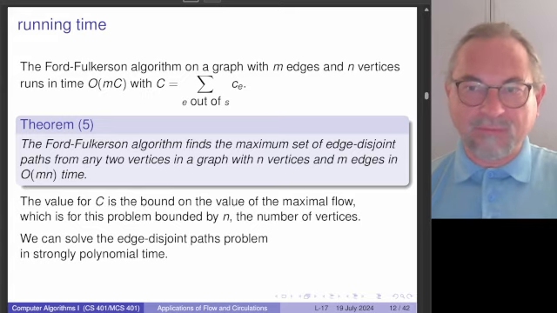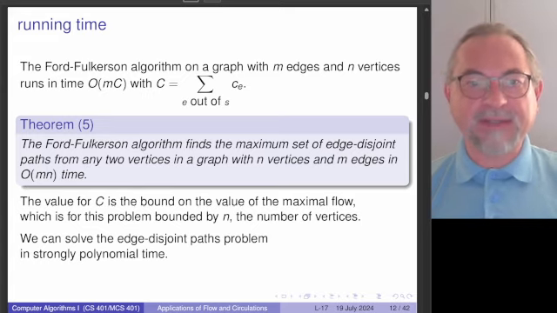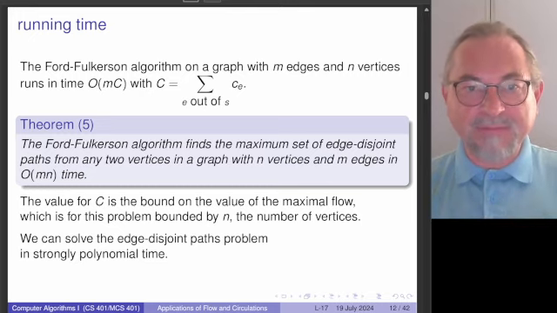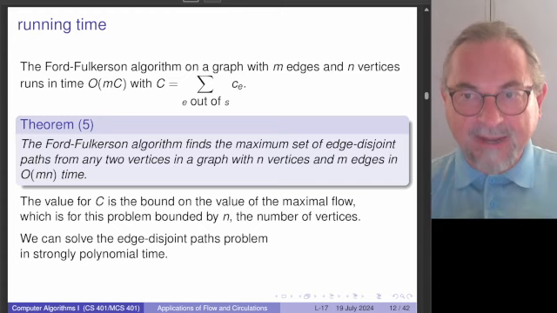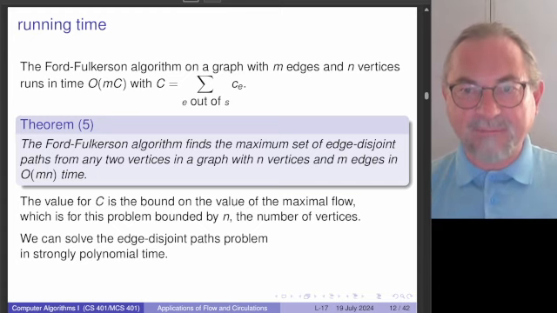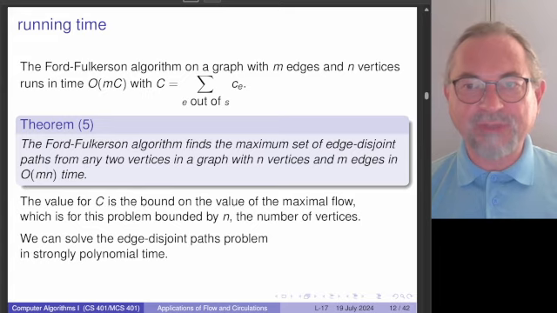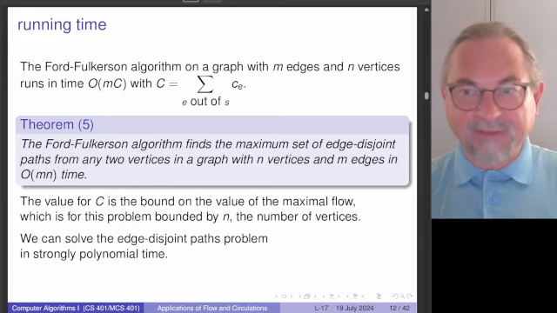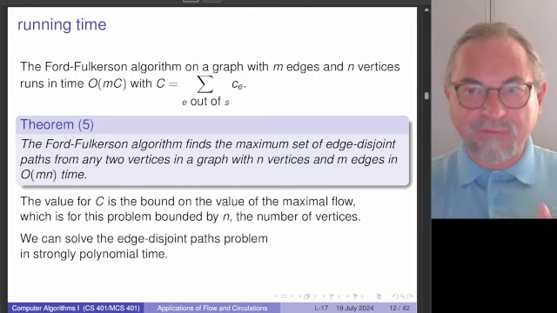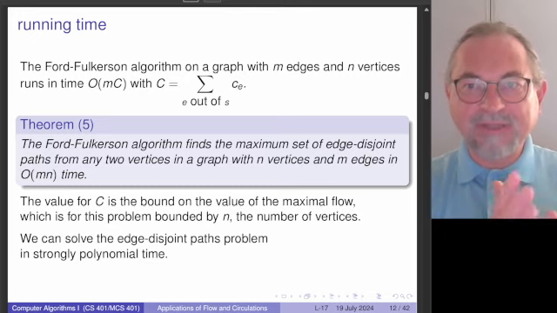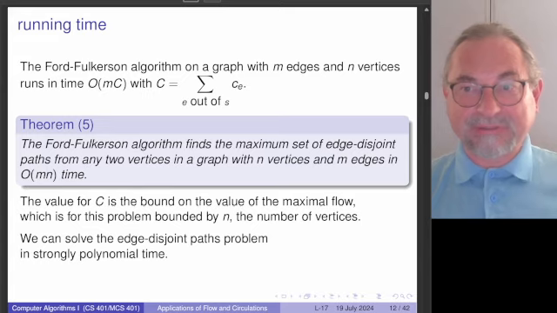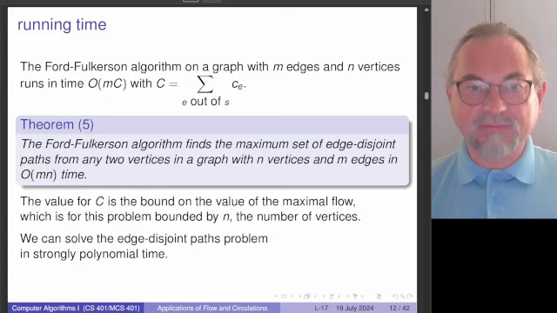You cannot compute a flow that's larger than that. Now here, the m times c, the capital C depends on the size of the numbers. And we've seen that there could be a problem with the original Ford-Fulkerson algorithm that you really have to do capital C number of steps, which can be quite long.